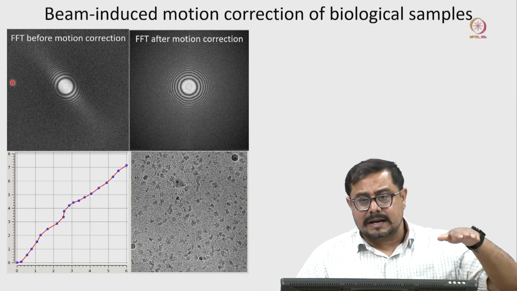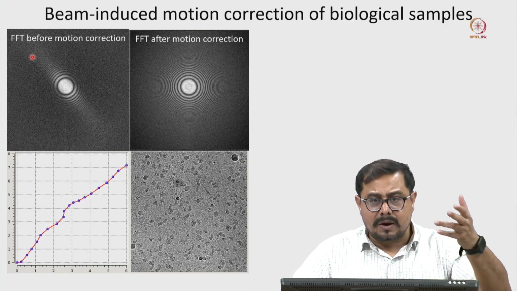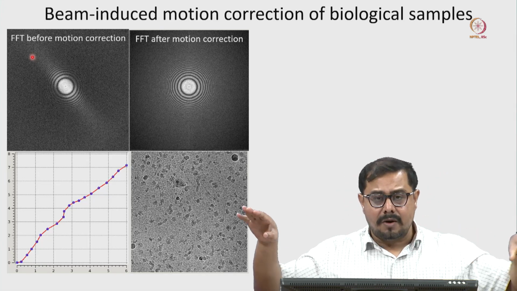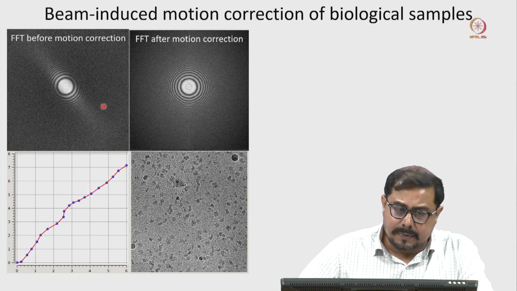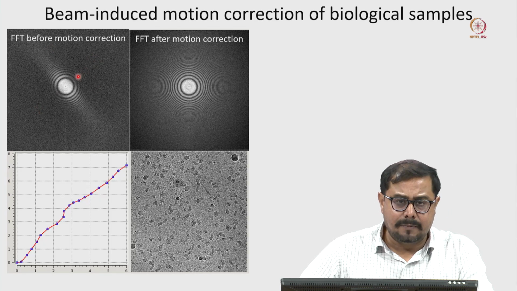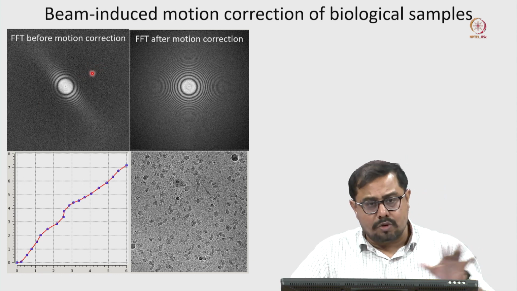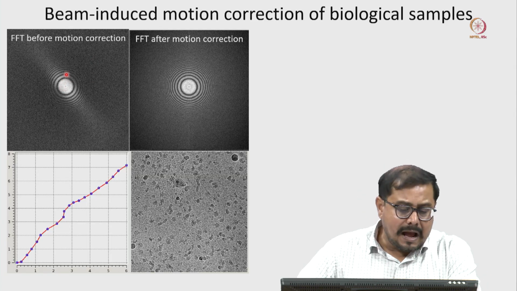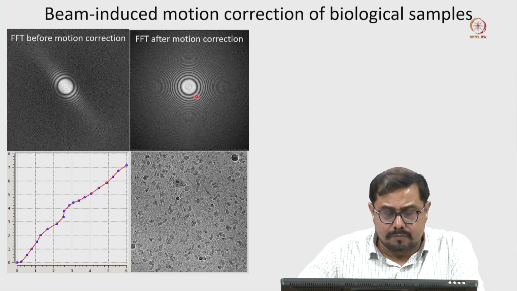Because there is a continuous drift, if you look at the image in Fourier space, you will lose some of that signal in one particular direction. So if you have a power spectrum like that, definitely there is either an alignment problem, or there is thermal drift, or there is mechanical motion or something which is affecting your signal. Now this is the power spectrum you are looking at after motion correction.